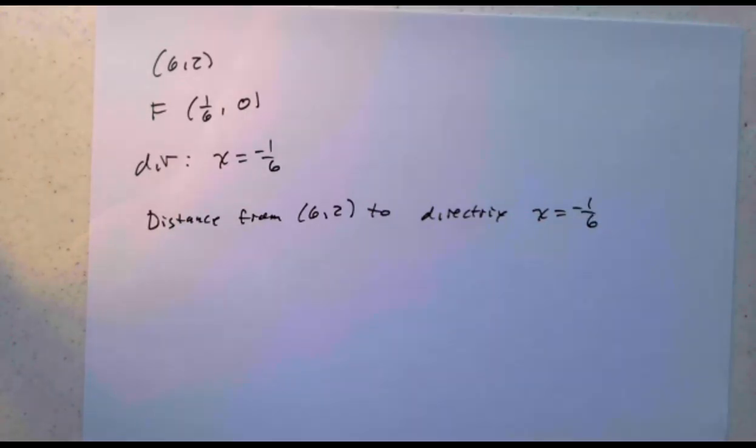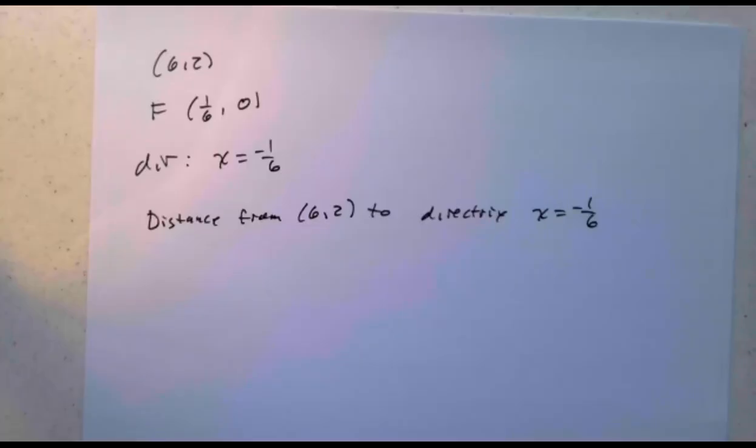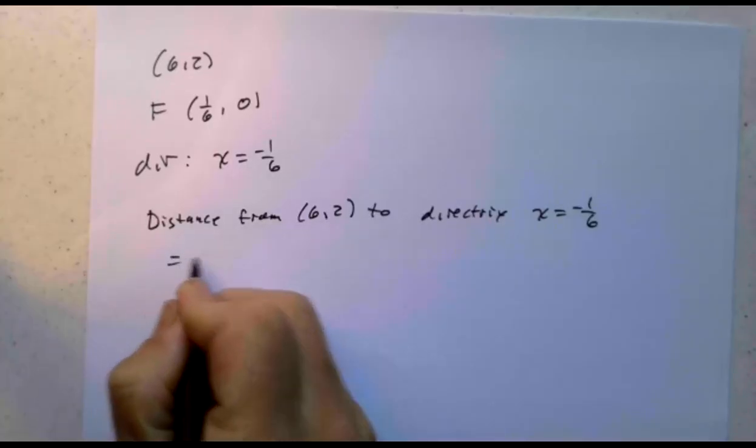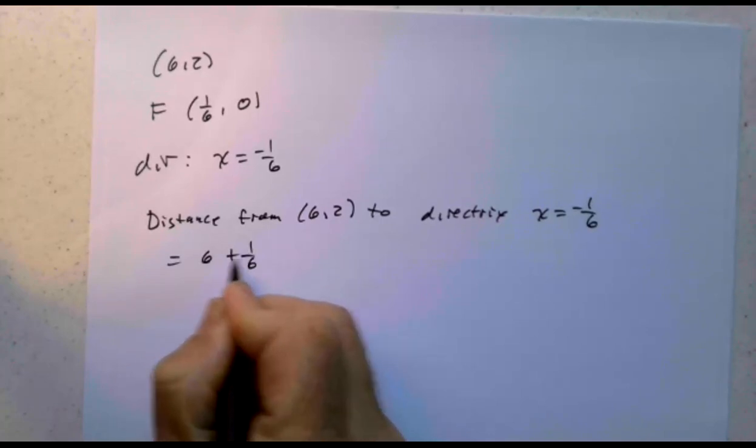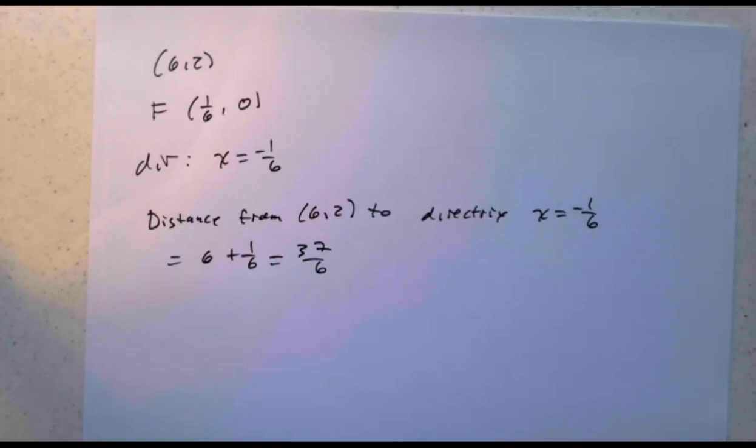Let's go back and take a look at the picture to see what that distance is. To get from this point back to that directrix, you go 6 and a little bit more. 6 plus 1/6. So that distance equals 6 plus 1/6, which is 37/6. Very good.